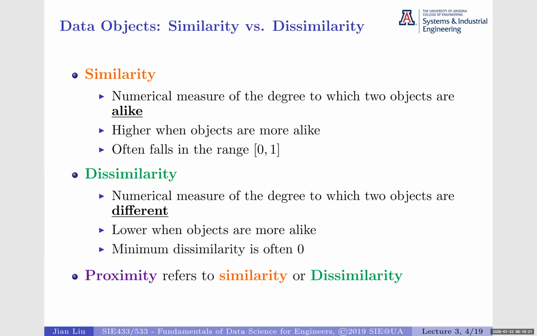And people use this term proximity to refer to similarity or dissimilarity, okay? So proximity, from the definition of this word, I searched the Merriam-Webster dictionary online. So this proximity gives us a certain sense of the distance, okay?